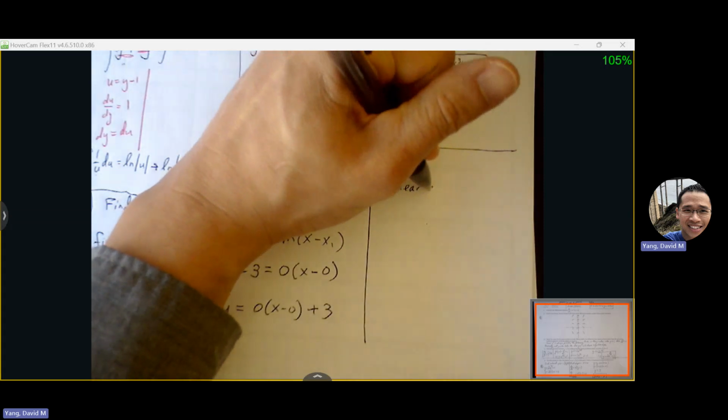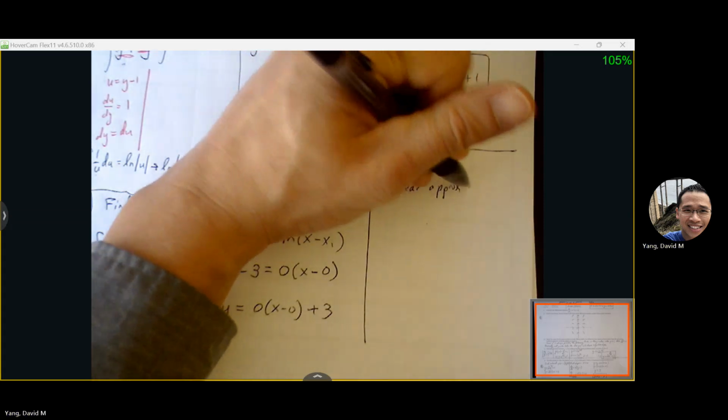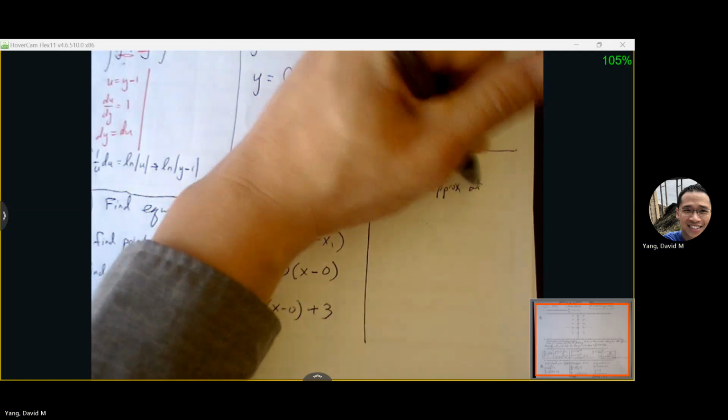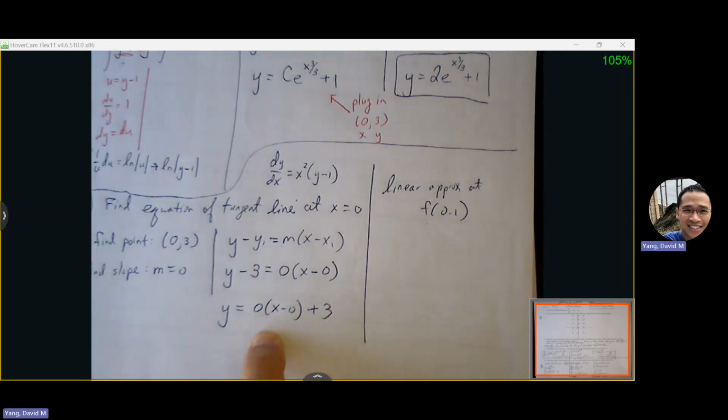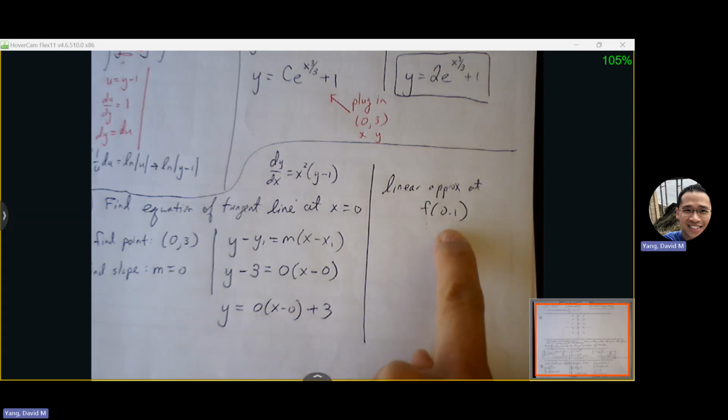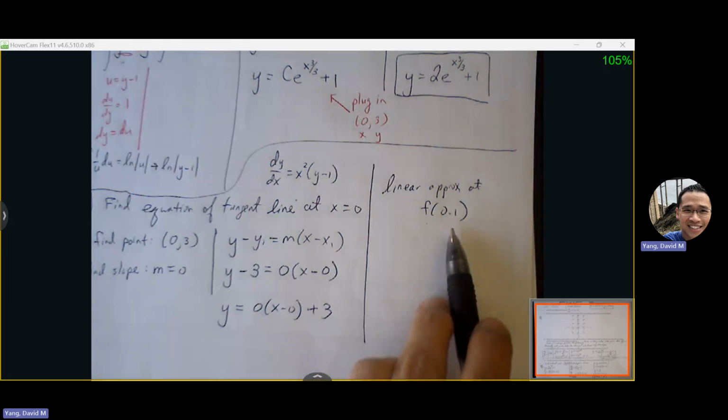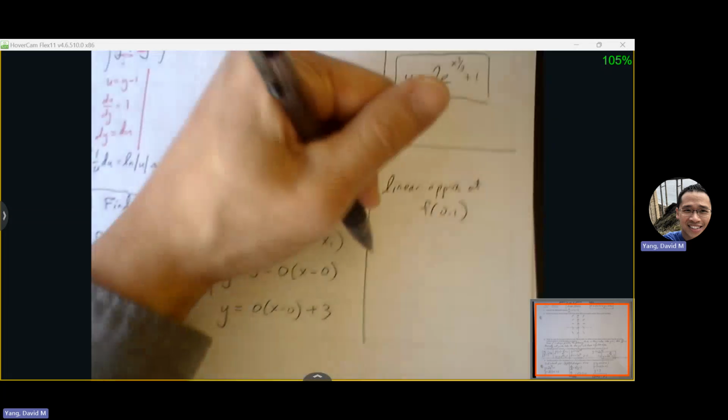So linear approximation at f of 0.1. Normally, your tangent line equation may not give you a slope of 0. If it doesn't give you slope 0, then you'll end up with a decimal value. So linear approximation just means you're going to plug that 0.1 in for x.